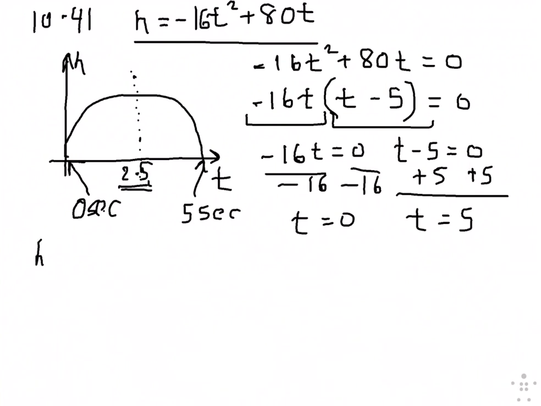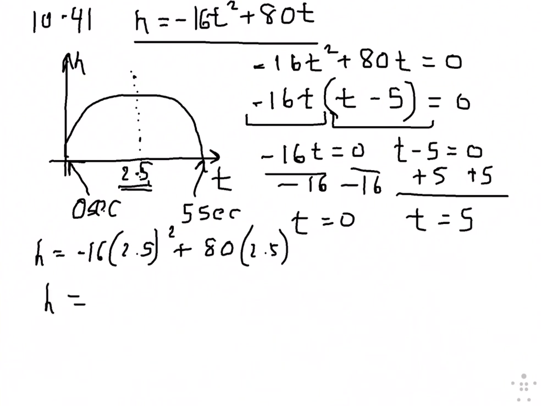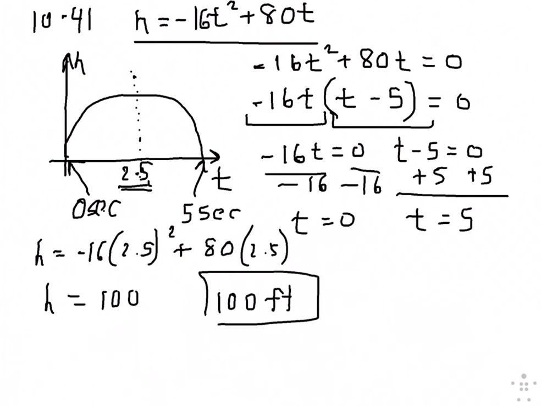So I get h equals negative 16 times 2.5 squared plus 80 times 2.5, right? And if I solve that, I square 2.5, multiply by negative 16, and add that to 80 times 2.5, I get 100. So the maximum height is at 100 feet, and it occurs at 2.5 seconds into the flight.